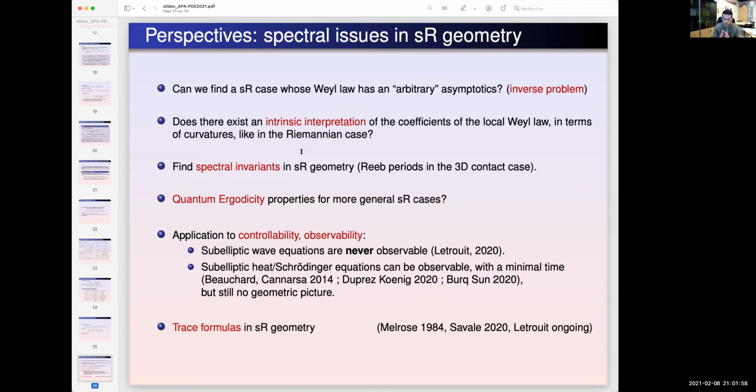For instance, in the contact case, you have this first Lie bracket, which was dz, which generates the missing direction, right? Roughly speaking, the flow of this first Lie bracket has a name in geometry. It is called the Reeb flow.